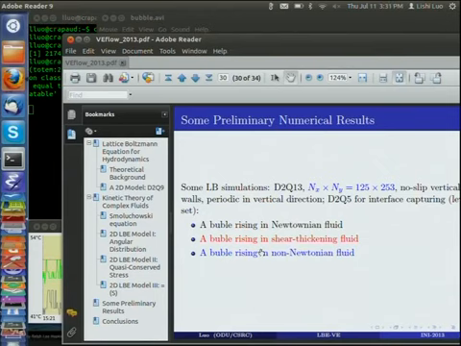So how is the free interface included? Oh, okay. I didn't dwell too much on that. The way we do free interface is by level set. By level set, you basically have this equation.